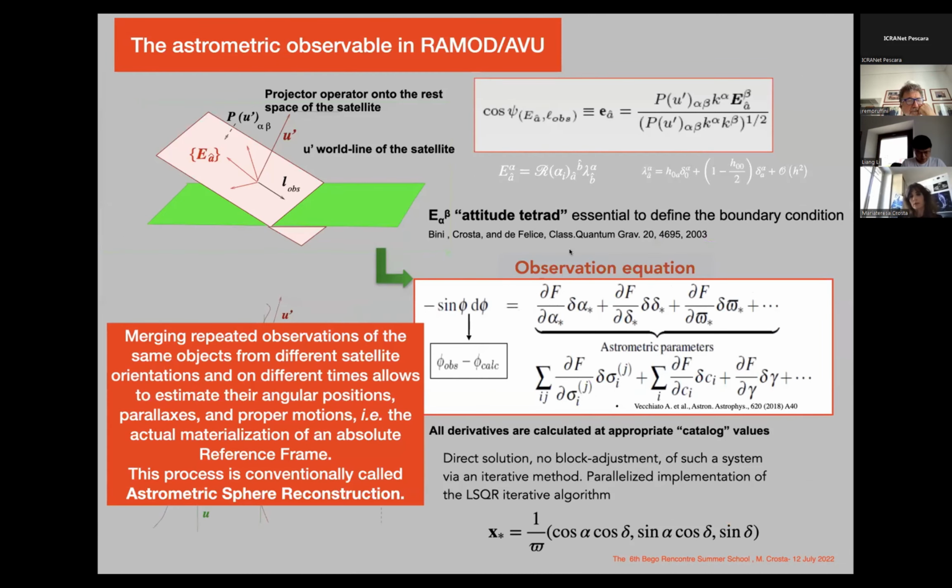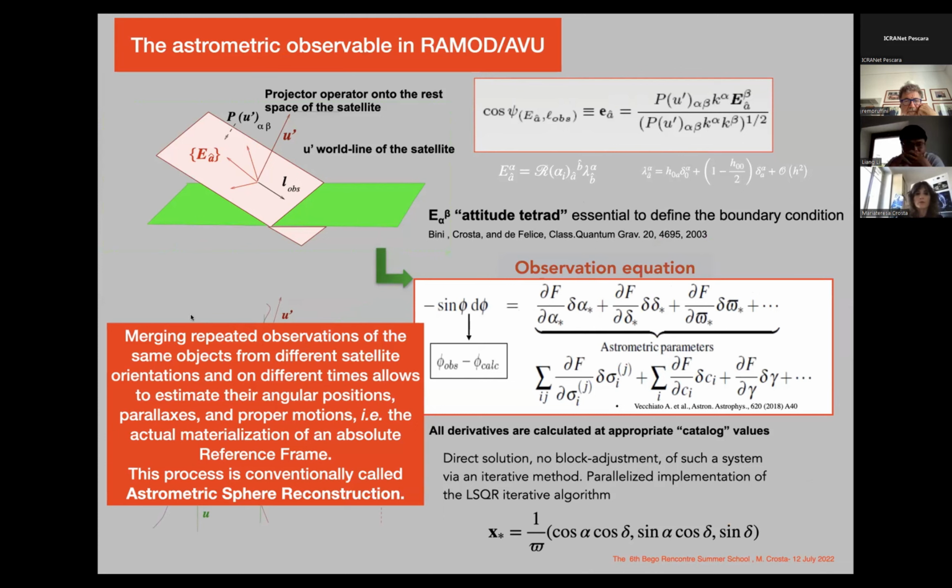In fact, the astrometric observable for Gaia in the RAMOD model is the cosine between the incoming light direction once projected on the rest space of the satellite, and with respect also to the relativistic attitude of the satellite. One observation constitutes a condition equation.